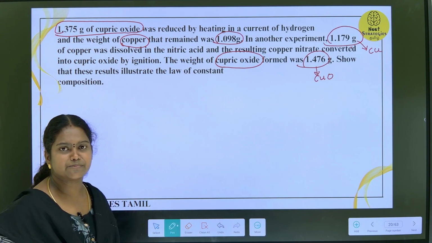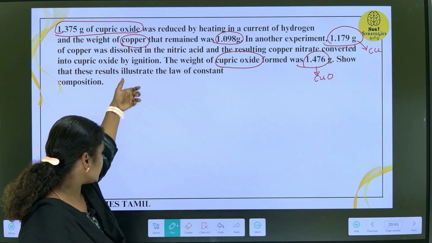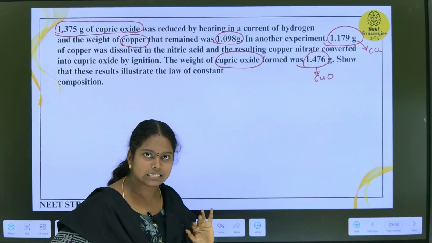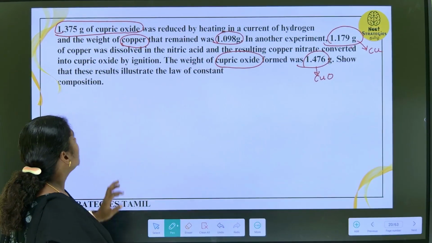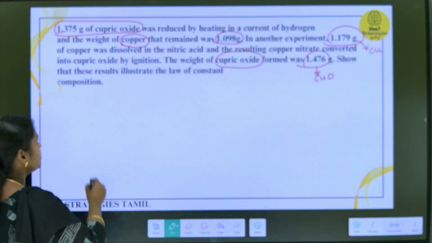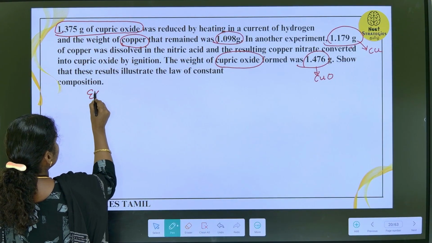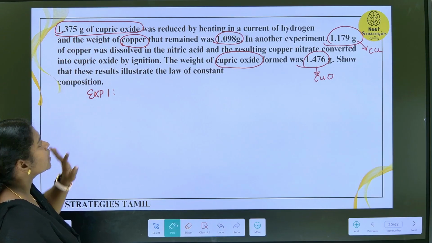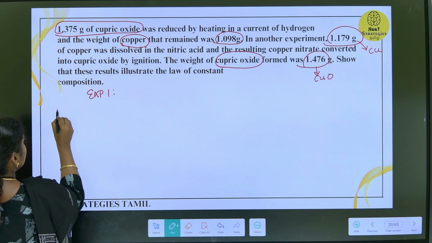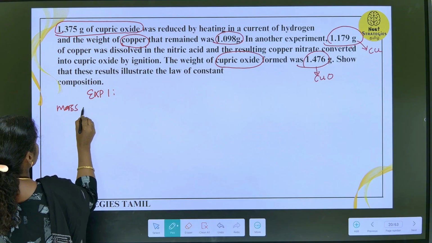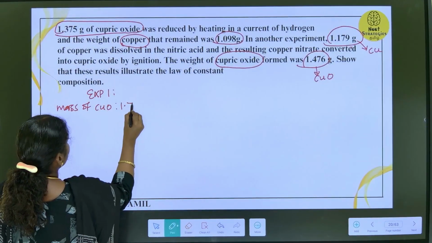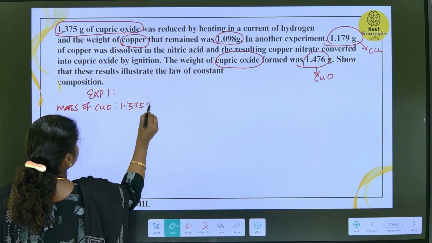ரெண்டு different experiment follow பண்ணிருக்கோம். First experiment கான data separate ஆகும், second experiment கான data separate ஆகும், work out பண்ணுவோம். ஓகேங்களா, the first experiment number 1. Experiment number 1ல என்ன கொடுத்திருக்காங்க? Mass of copper oxide, எவ்வளவு கொடுத்திருக்காங்க? 1.375 gram, ஓகேங்களா.